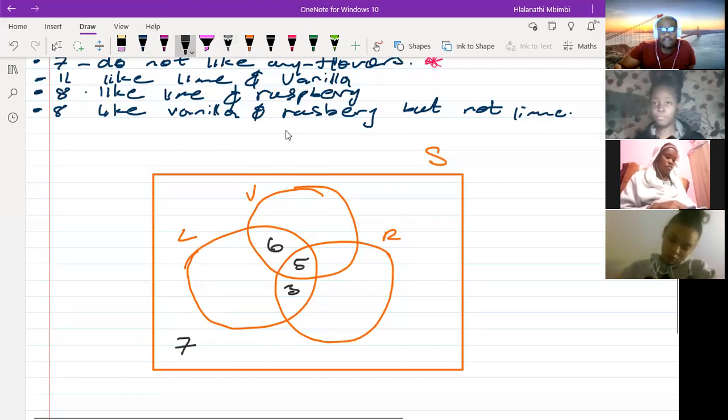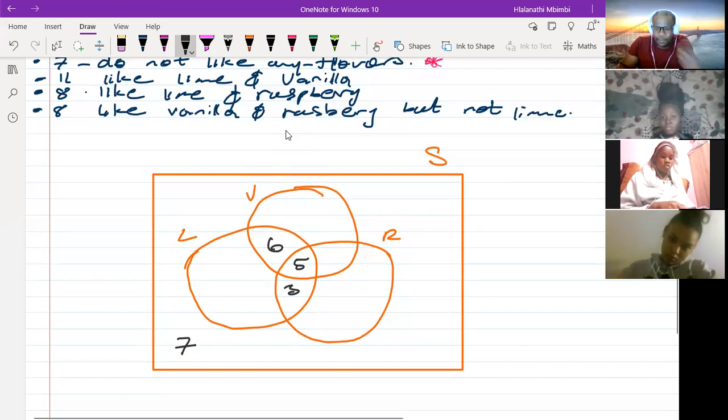And then we have 8 that like vanilla and raspberry, but not lime. This one is nice.